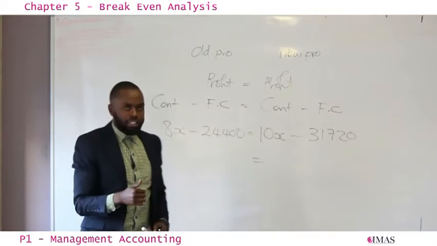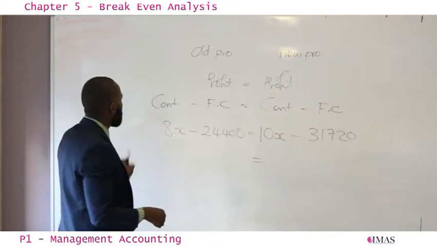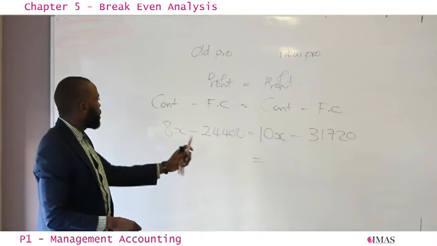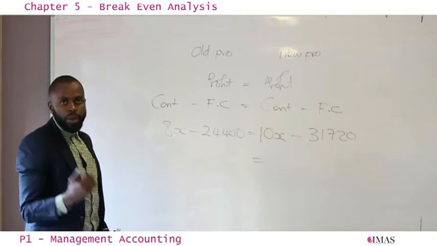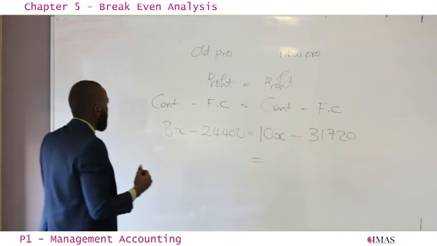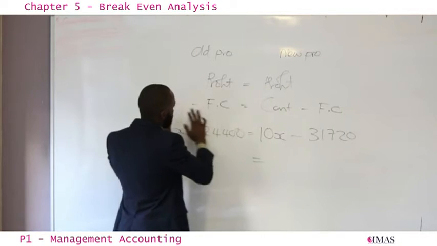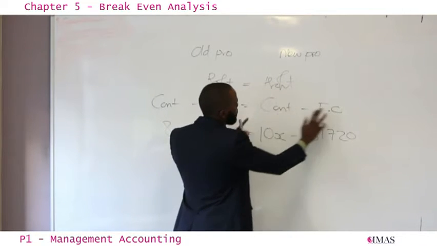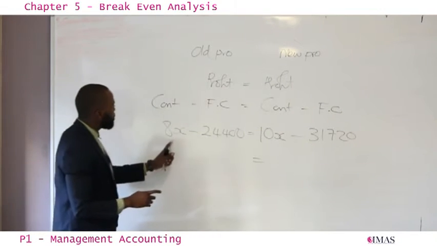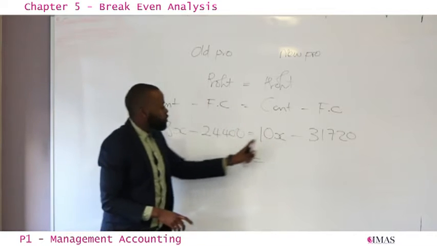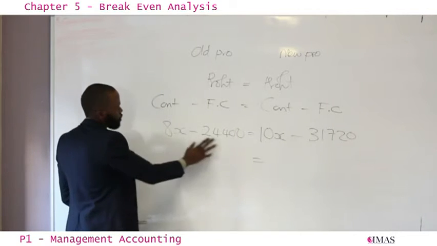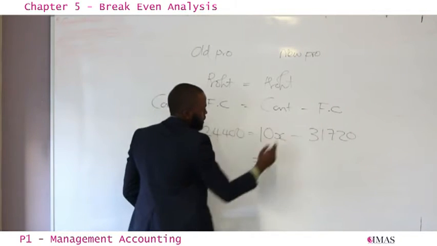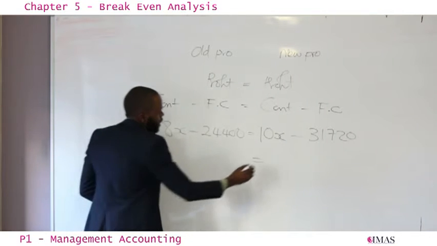So here, this X number of units will result in the profit being the same under the old method and the new method. We have to think of it logically: if profits have to be equal, it means contribution minus fixed cost is equal to contribution minus fixed cost. Our contributions are different, and our fixed costs are different. So we say 8X minus 24,400 is equal to 10X minus 31,720.